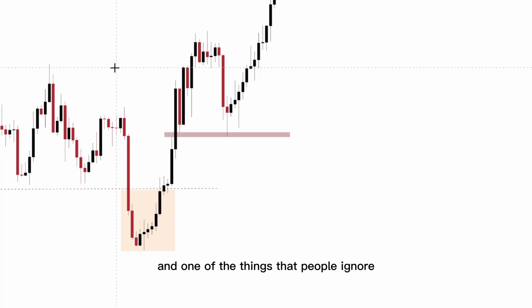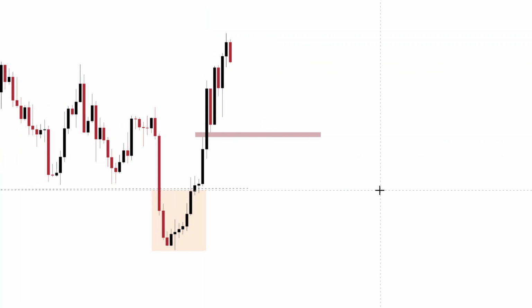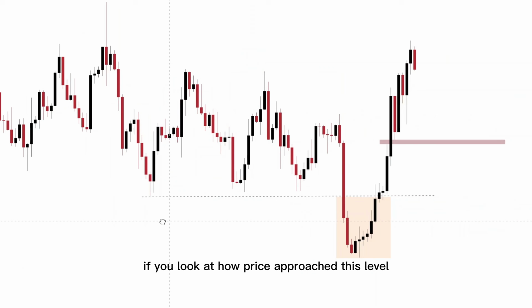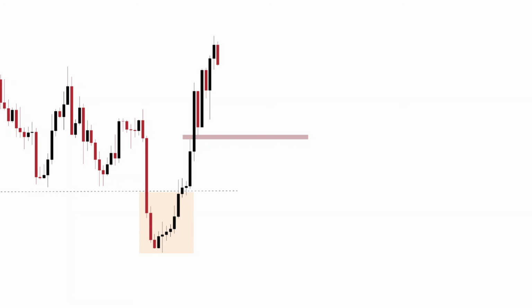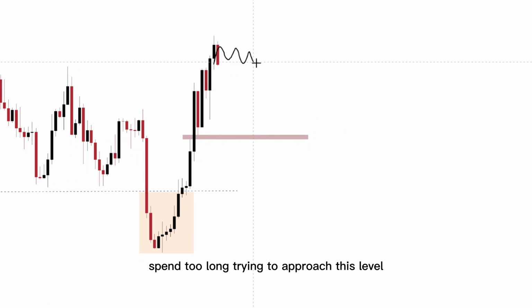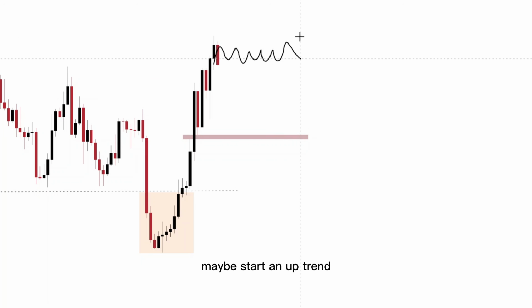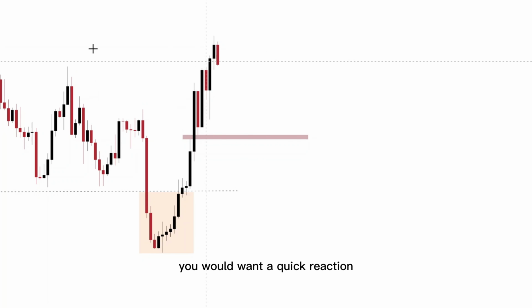And one of the things that people ignore is the approachment. If you look at how price approached this level, what you don't want is price spending too long trying to approach this level, consolidating, maybe starting an uptrend, and then eventually coming down. You would want a quick reaction, but not too quick.